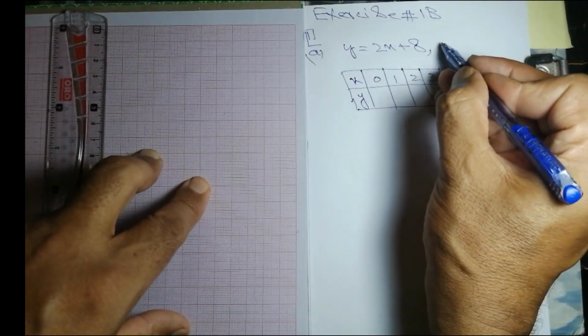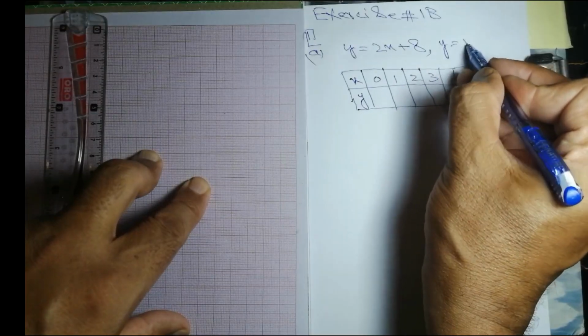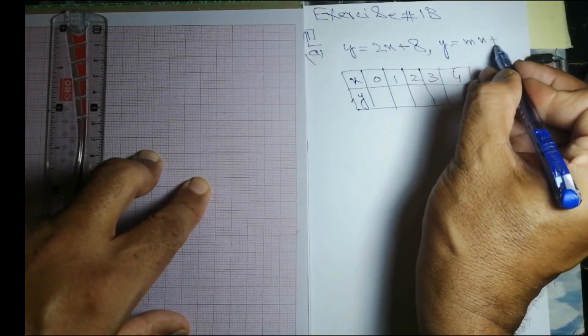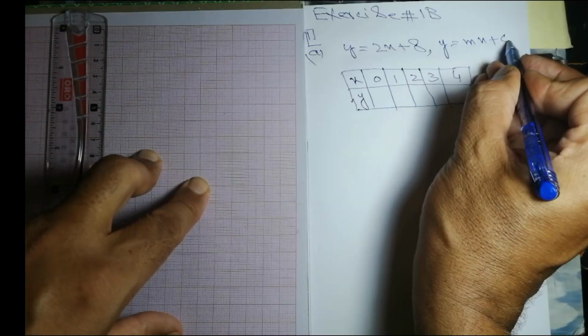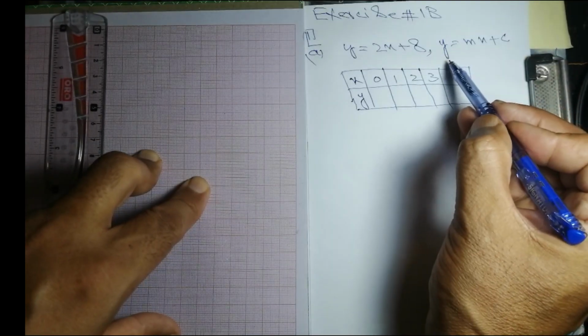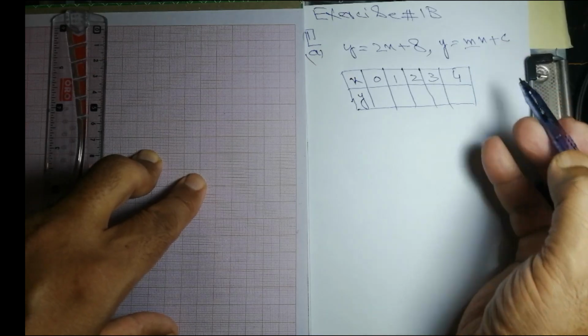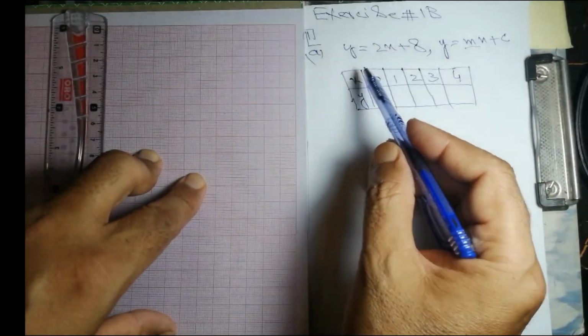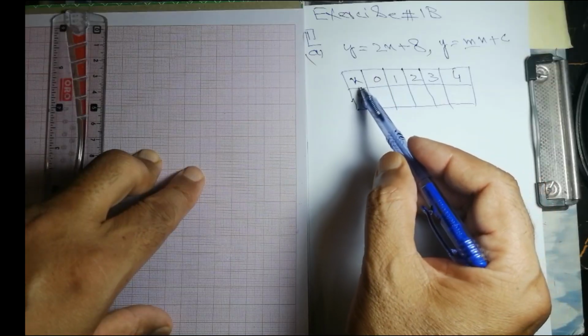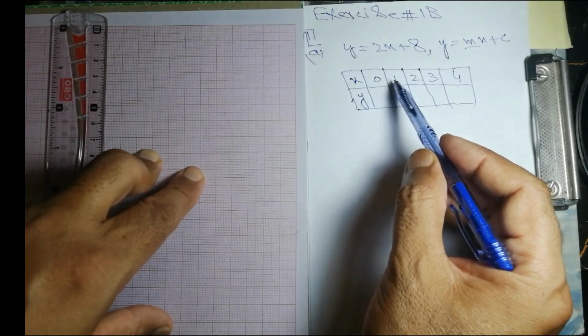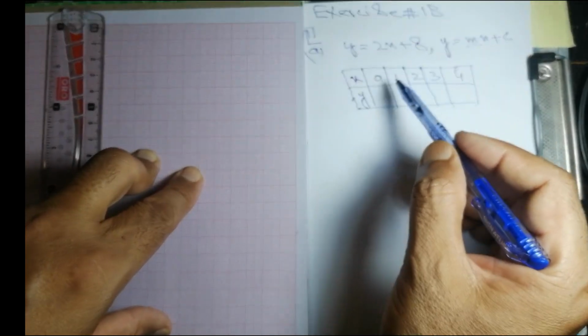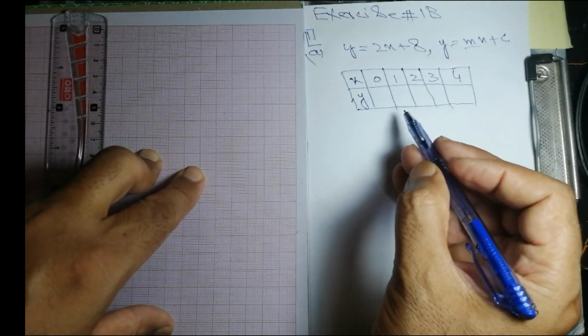The standard equation for a straight line is y equal to mx plus c. I will explain each and everything, what is the meaning of m and what is c. But right now, I will put the value of x in this equation, and we will get the values of y.